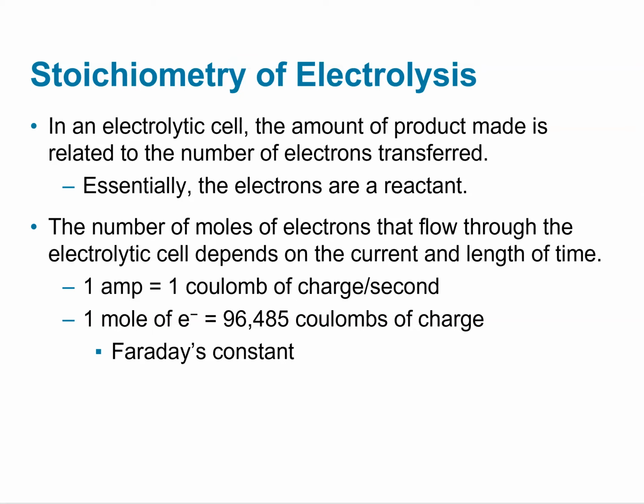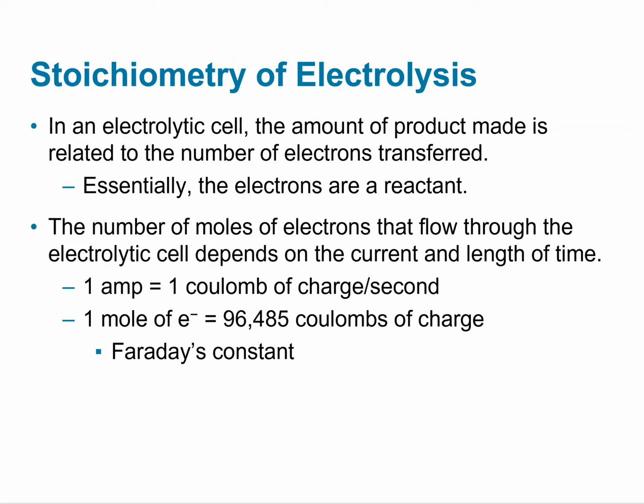So, stoichiometry of electrolysis. In any electrolytic cell, the amount of product made is going to be related to the number of electrons transferred. That makes sense because reactions require the bonds break and form, and that's regulated by the movement of electrons. So fundamentally here, we're going to be looking at electrons as a reactant.